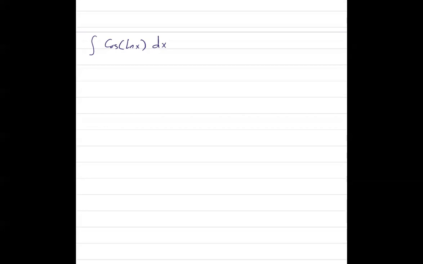So take a look. If I take t to be ln of x, then dt becomes 1 over x dx. So dx is equal to x dt, but from the very first equation, x is equal to e to power t.